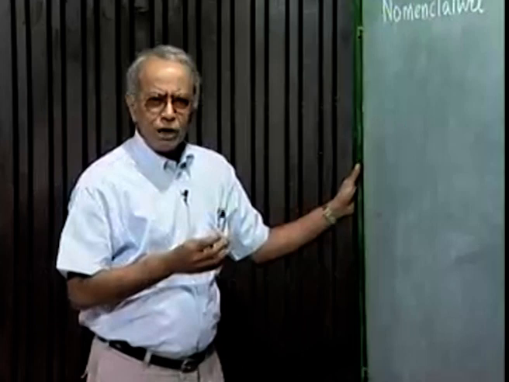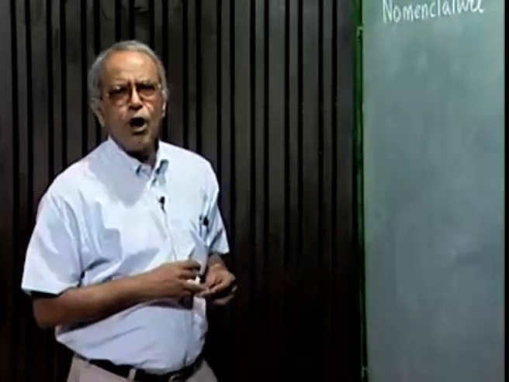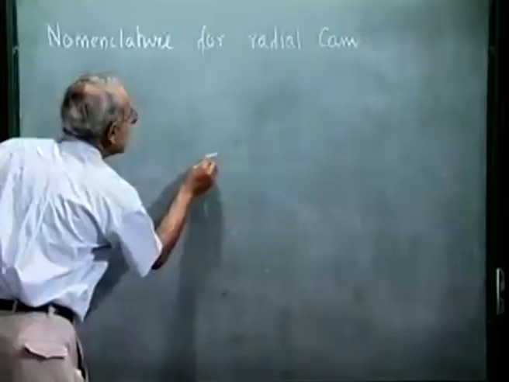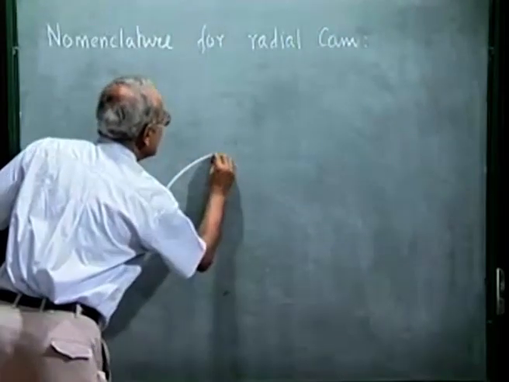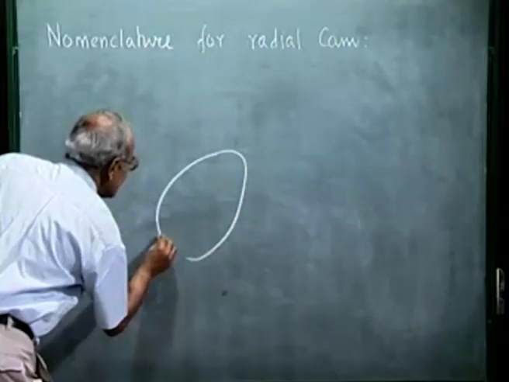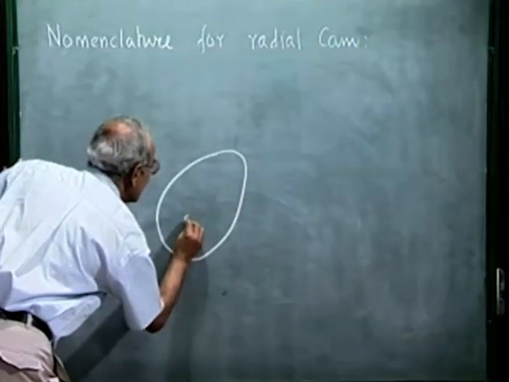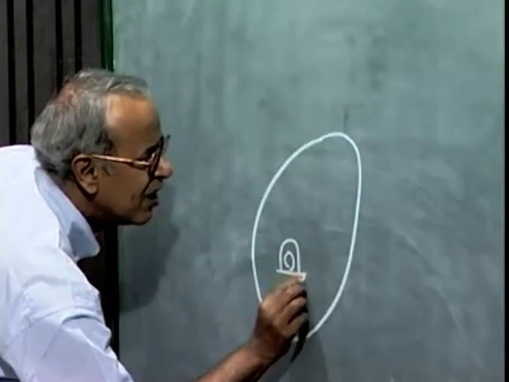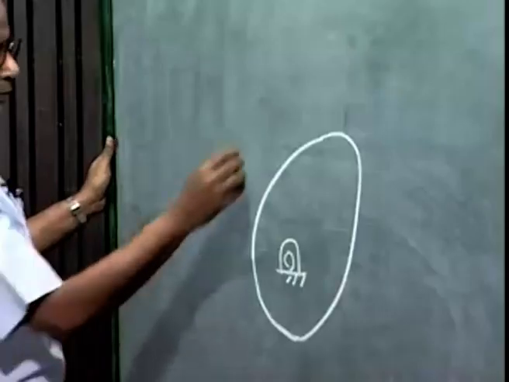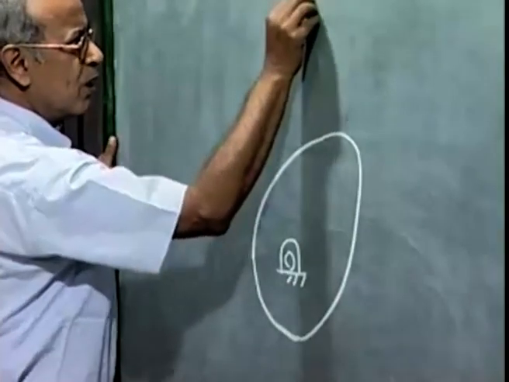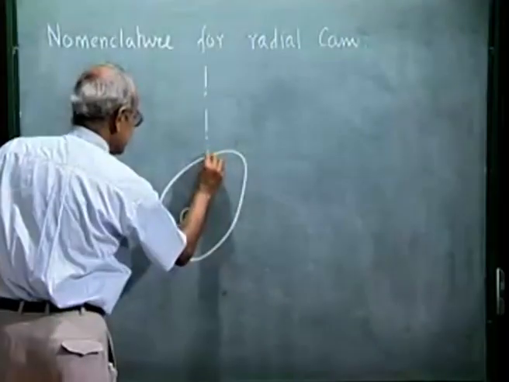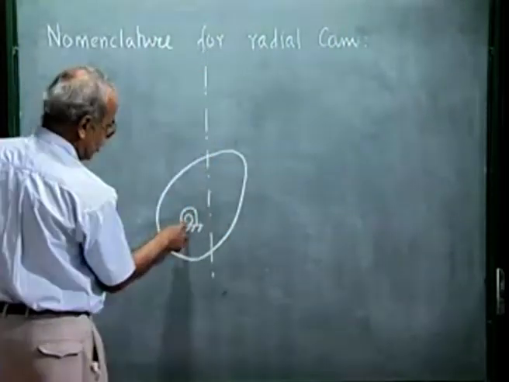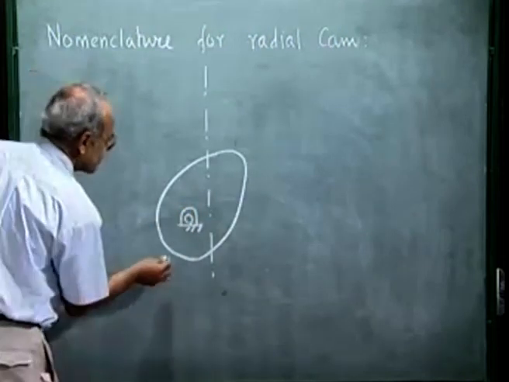We will introduce all the terminology with reference to an offset roller follower. So let us talk of a plate cam which has an offset translating roller follower. That means the follower axis is not passing through the cam center, it is offset.